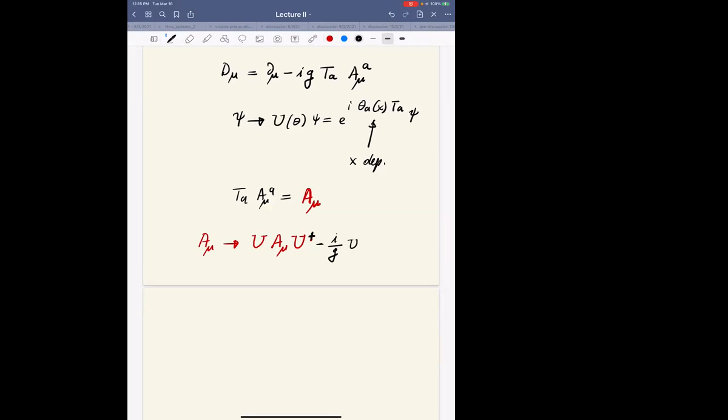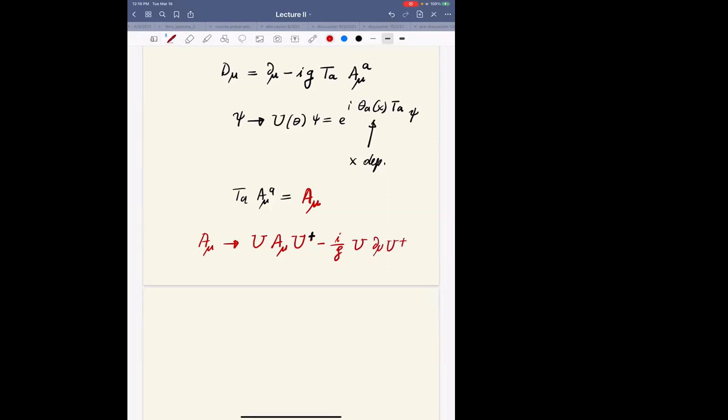U d mu U dagger, because it's a gauge field. Oh, sorry, that should be in red because we are talking about the, I'm sorry, minus i over g U d mu U dagger, very good.